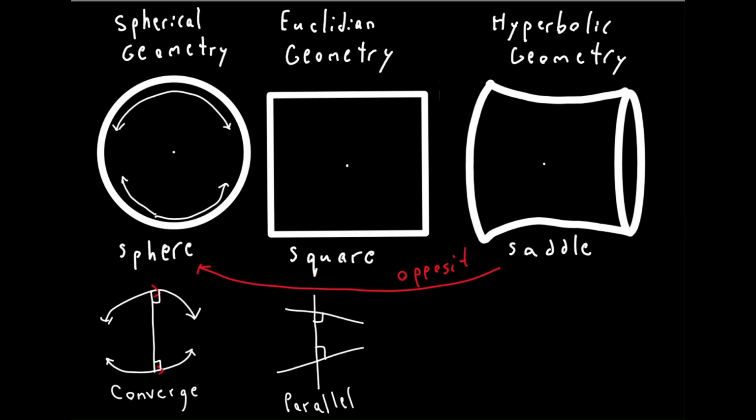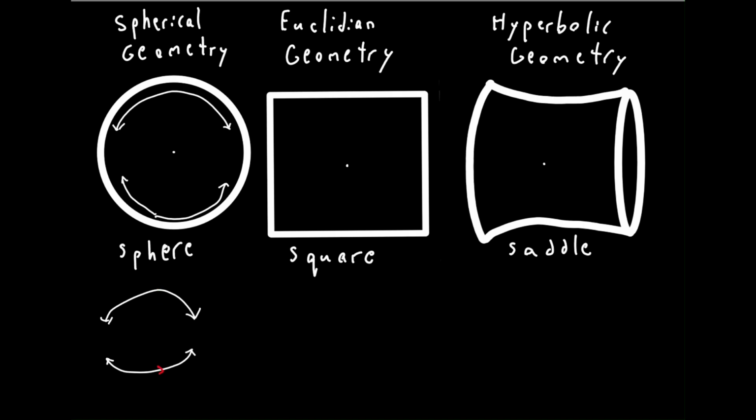In fact, for hyperbolic geometry, there are very few scenarios in which the lines will intersect.